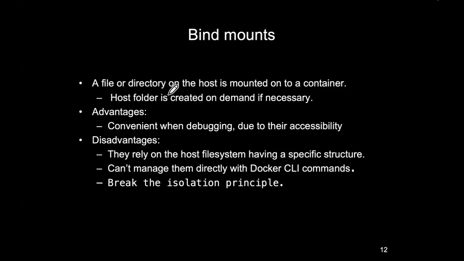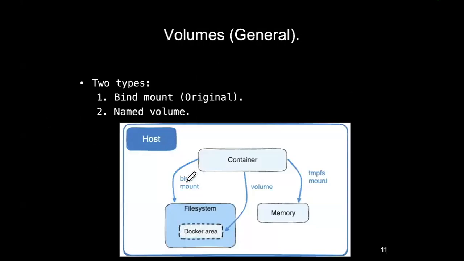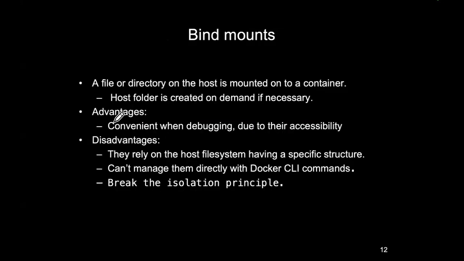So a bind mount, if I go back again, is where you're pointing to some part of the host file system that you can access as the user. You're linking that with some part of the container's internal path. With a bind mount, it will create the host files and folders if they don't already exist.